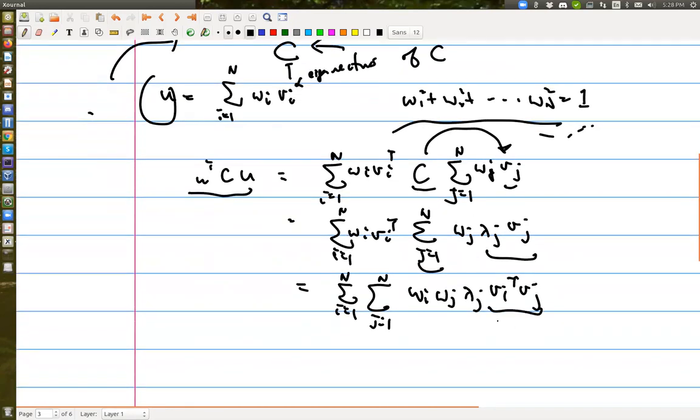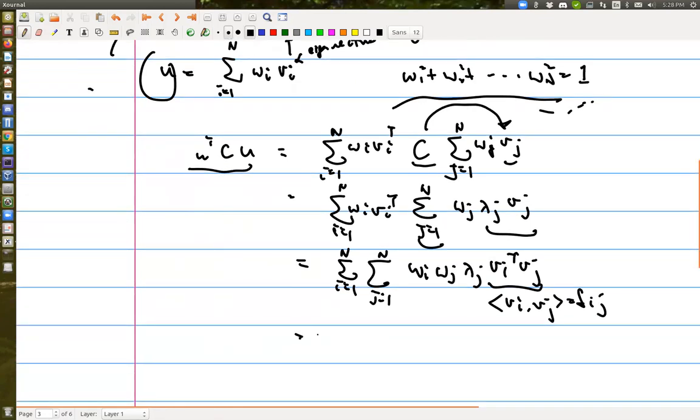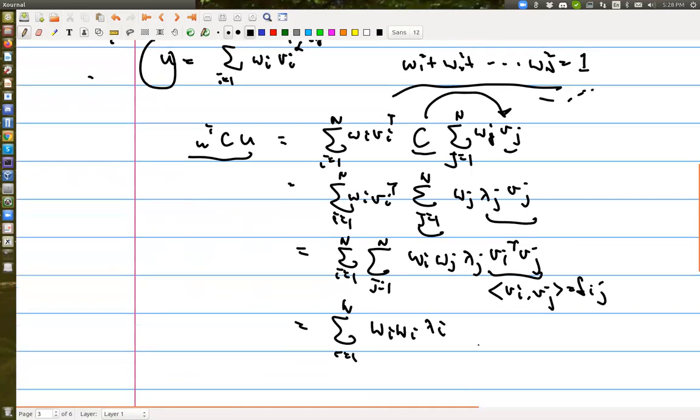But this again is just the inner product of Vi and Vj, and it's equal to the delta function, right? So therefore this again becomes just one sum, i equal to 1 to n, Wi square lambda i.